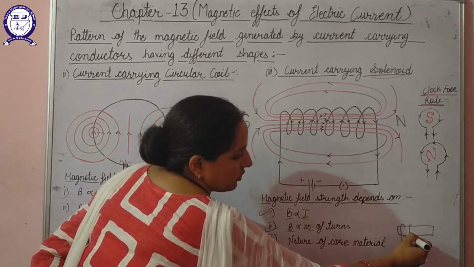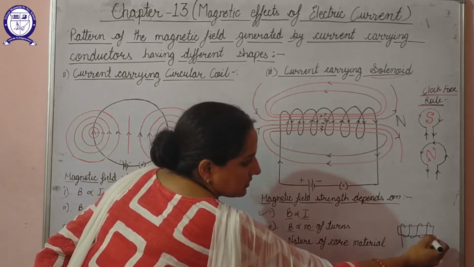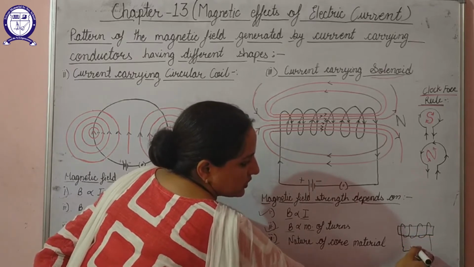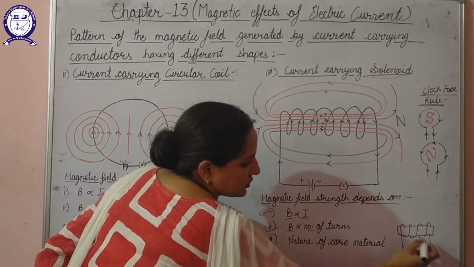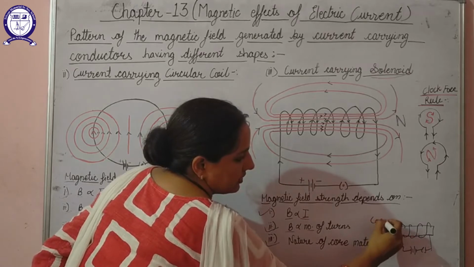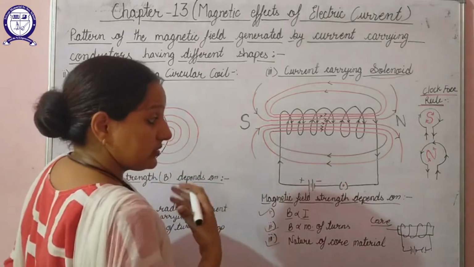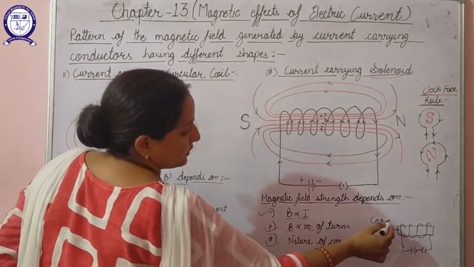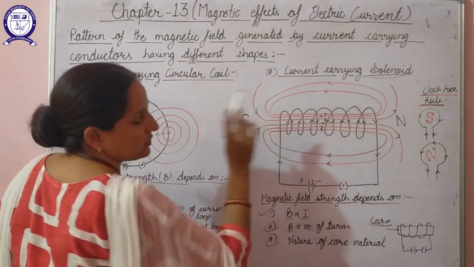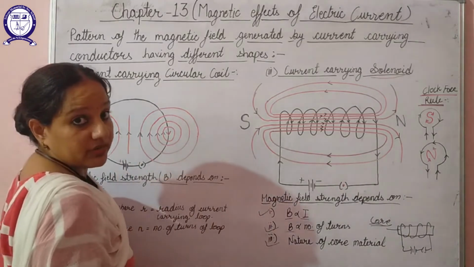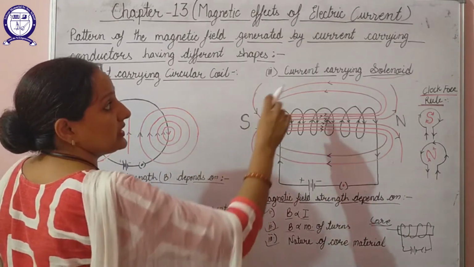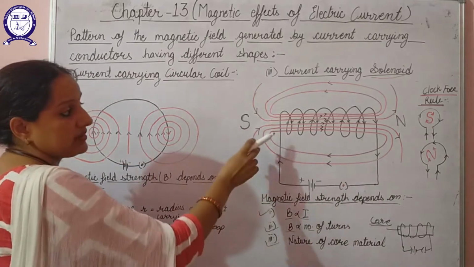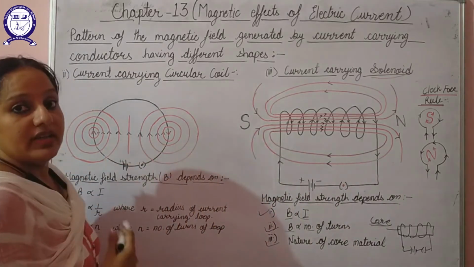If I wind the coil onto this core and then connect it to a battery, this is nothing but your core material. The core material which you have selected will determine the magnetic field strength of this current carrying solenoid. Because of this reason only, this arrangement is used to make your electromagnets.